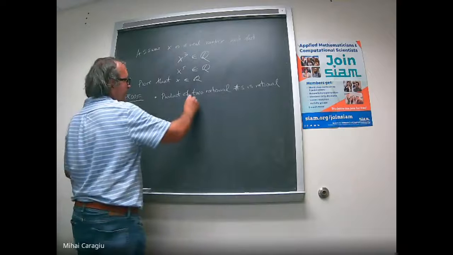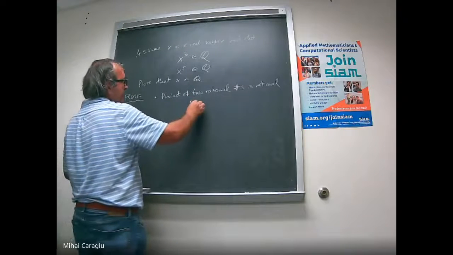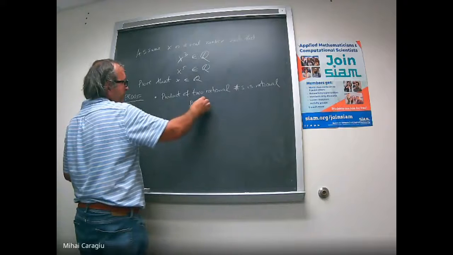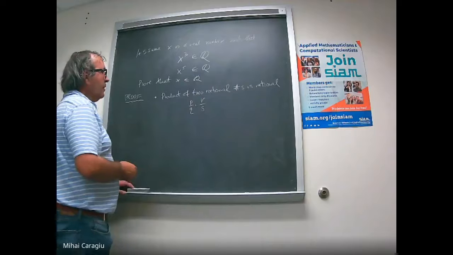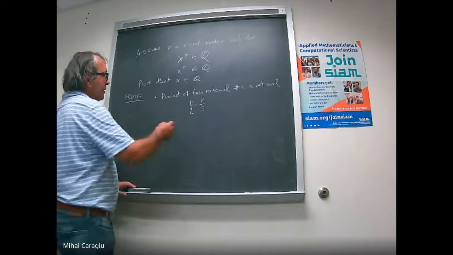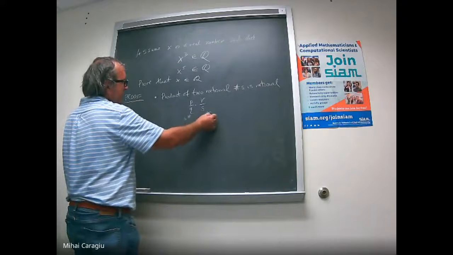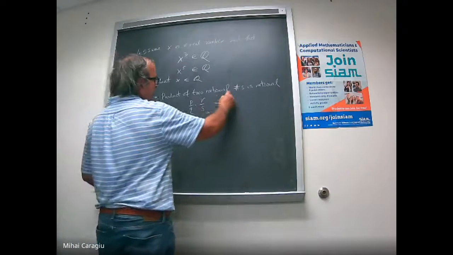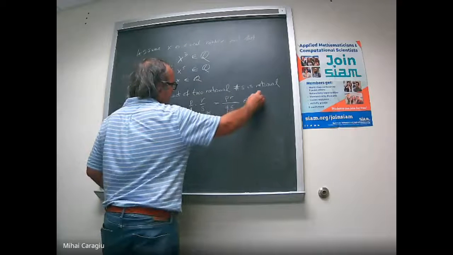Indeed, if you multiply a quotient of two integers p over q by another quotient of two integers r over s, where p, q, r, s are integers, and q and s are not zero, the product will be pr over qs, which belongs to Q.